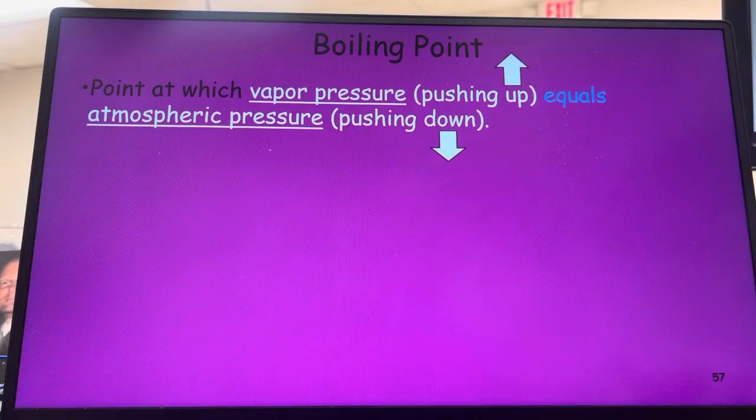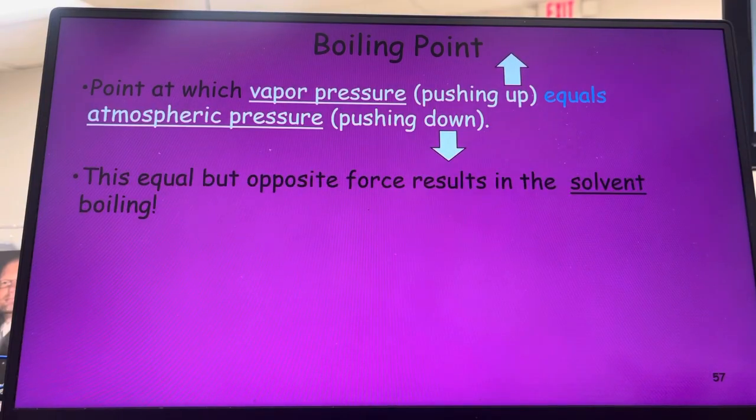So vapor pressure pushes up, atmospheric pressure pushes down. Once that equals, it will boil. The equal but opposite force results in the solvent boiling. The solvent boils. It'll leave behind the solute. That's why if you had salt water and you boiled it, you could boil off the fresh water, collect it, drink it, and the salt would be left behind in the bottom of the pan as a white, crusty substance.